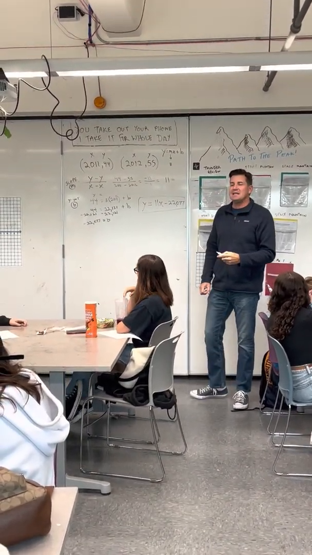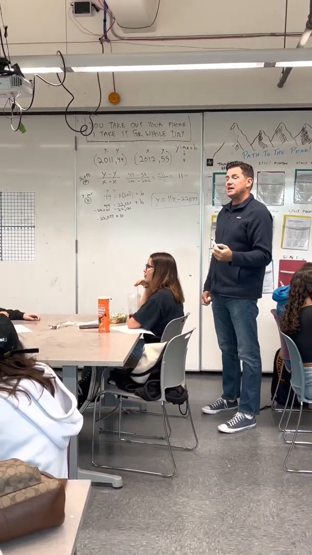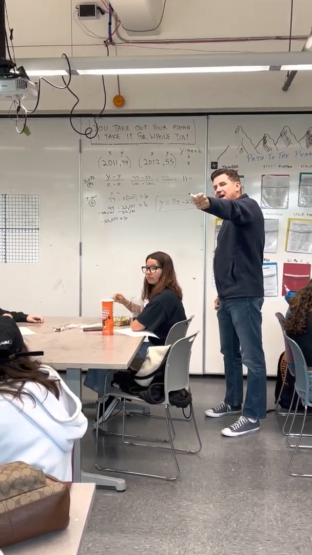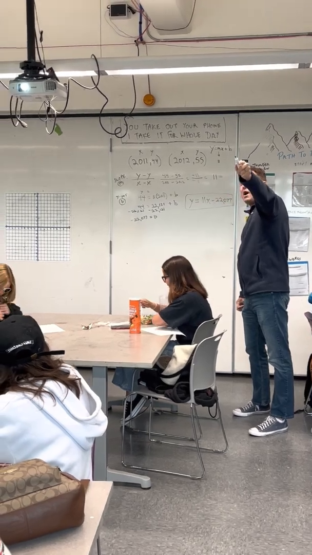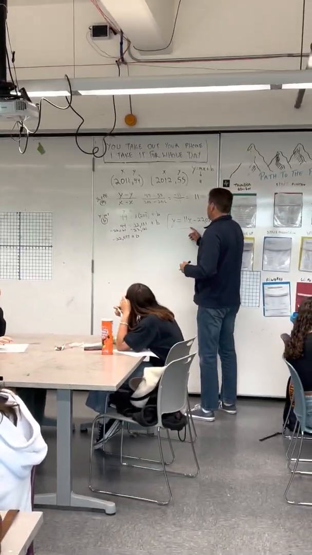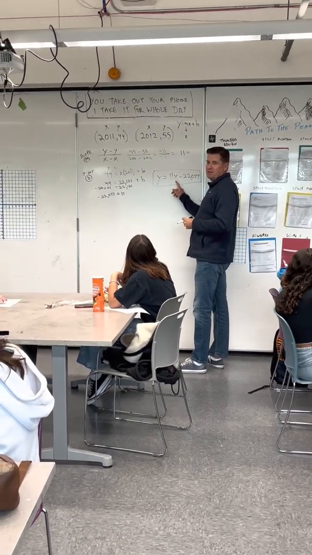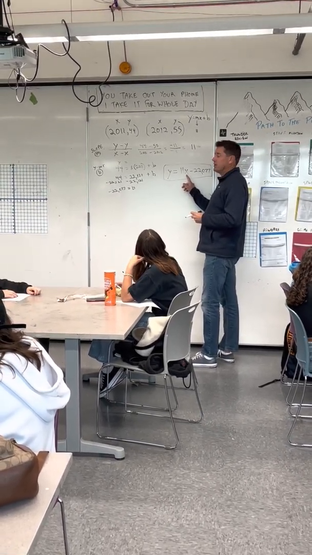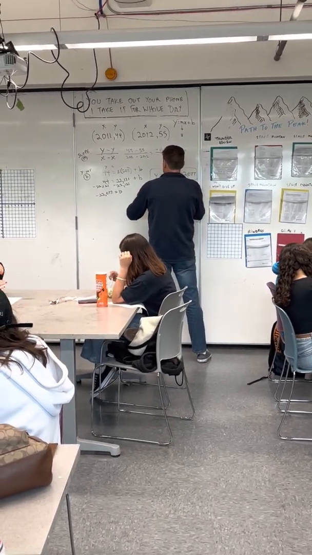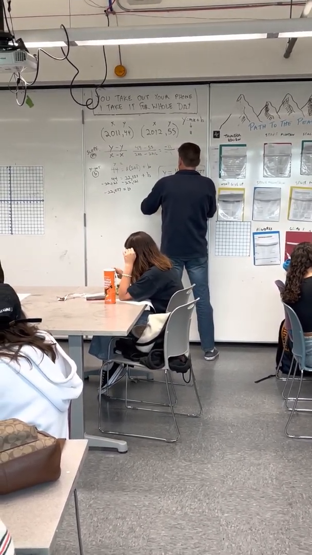Now I can pick any year I want, and I can find the price in that year. Because it says right there, the x is the year, and the y is the price. So if I picked the year 2030, which is what we're going to pick, I would just plug in 2030 wherever there's the x.